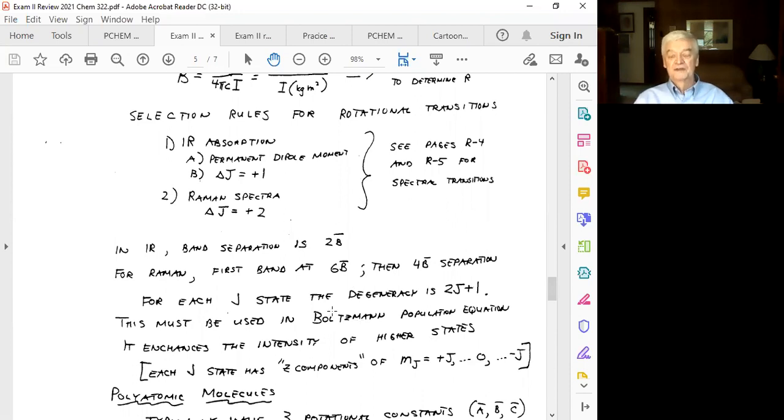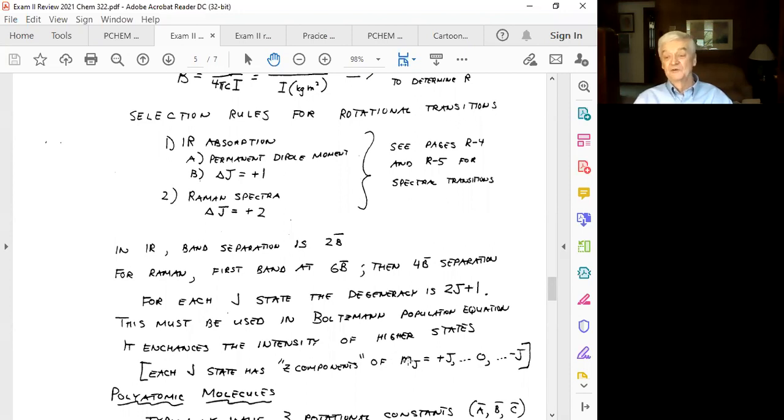An important part that I was just telling you is to remember the degeneracy. These rotational levels each have a degeneracy of 2J plus 1. And this comes from the fact that every J component has an M sub J going from plus J to minus J. Very similar to what we had for atoms.